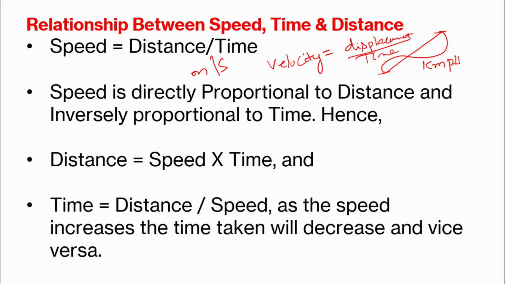If the speed is v, the distance is d and the time is t, from this you can narrate a relation: v is proportional to d and v is proportional to 1 by t.